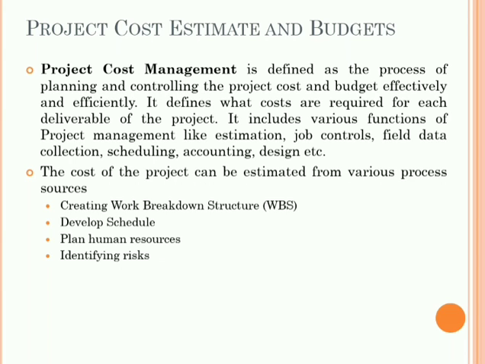Various things are taken into consideration while calculating the budget for the project, like labor cost, necessary equipment acquisitions, material cost, etc. Let us see what the meaning of project cost estimation is. Project cost estimation is defined as the process of approximating the total expenditure of the project.